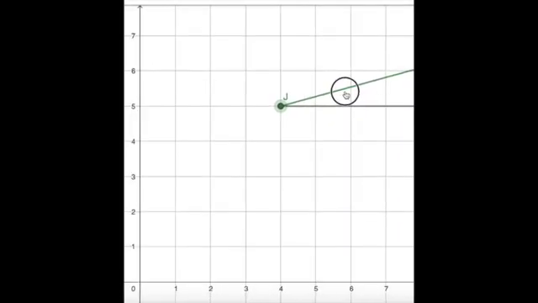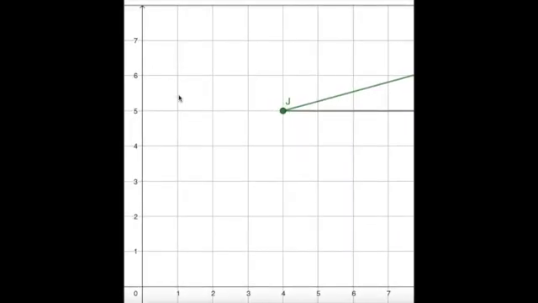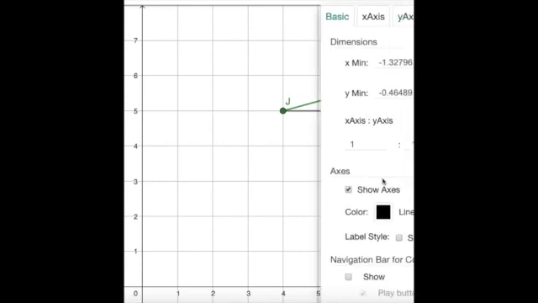So there's J, and now I need a K on here somewhere, and I have to get rid of the other triangle. 7 comma 6 was it? Can I rename you to K?